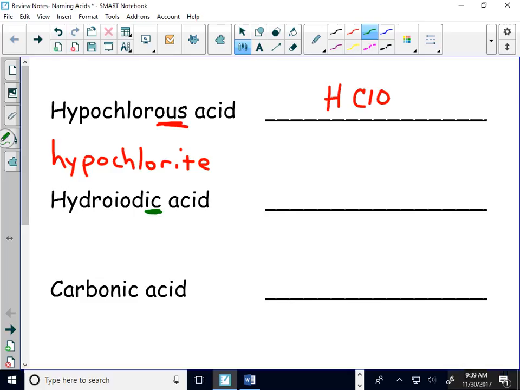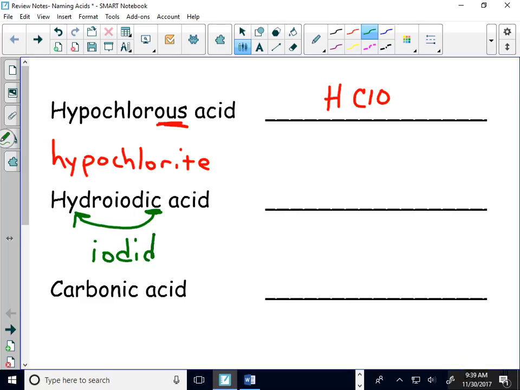ICIC, 1 or 3. I need to then check, is there a hydro in front? Yes, there is, so I'm dealing with rule number 1, right?